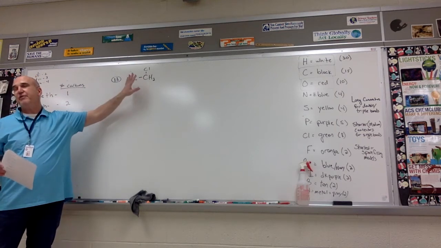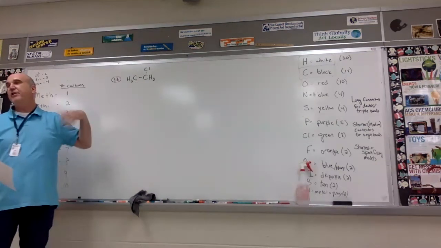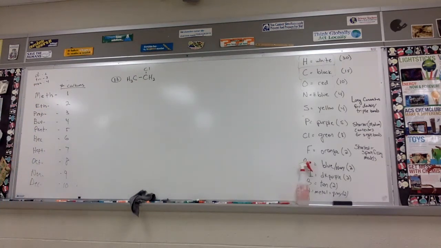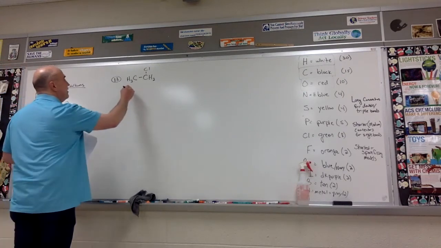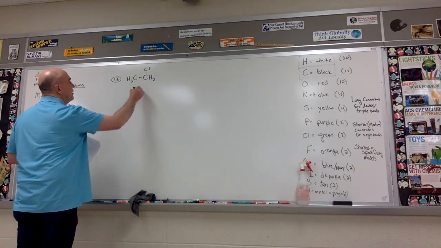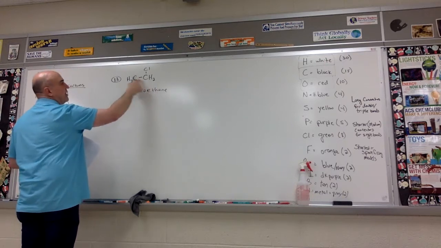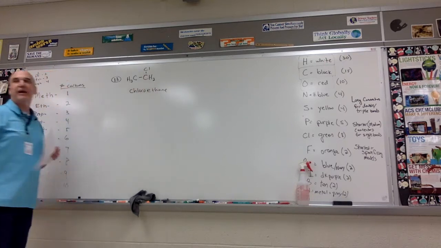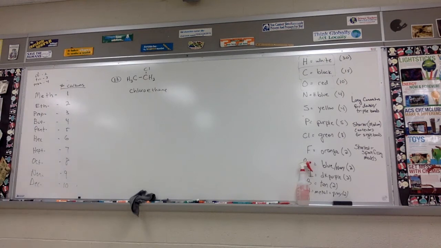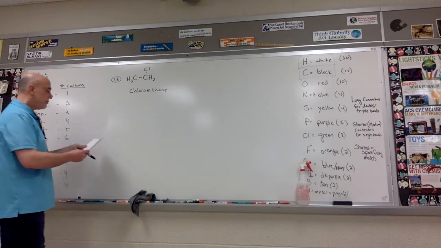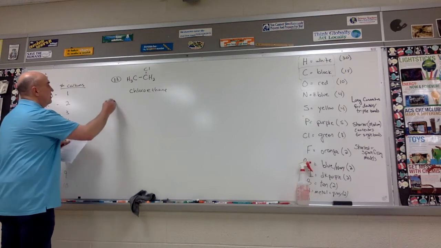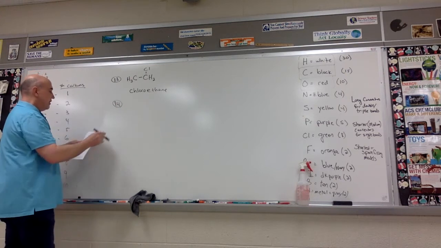If there is, then you have to put the numbers down. But this would just be chloroethane, because we have the ethane molecule and a chlorine attached to it. If it were a longer molecule with more carbons, we would have to say 1-chloroethane. It can only be off the first one. And that's number 14.